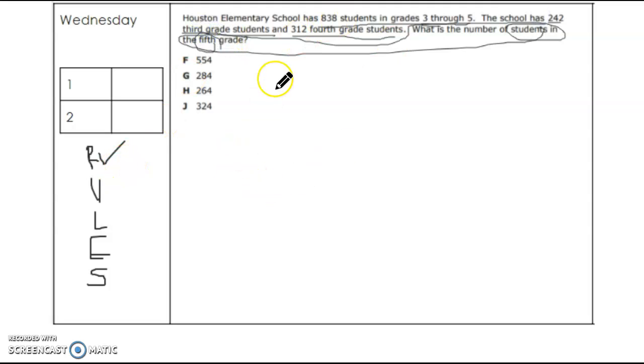Okay, so I'm going to go ahead and draw a picture. I'm going to draw a school. Let's see, here's our school. I'm going to divide it into 3 grades. I've got grade 3, I've got grade 4, and I've got grade 5 here. So combined, all together, we have 838 students.